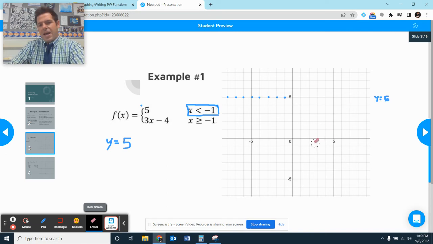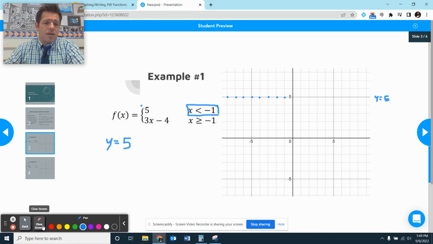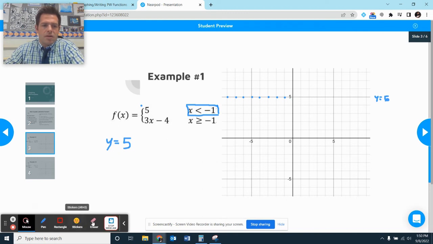Then I come to the actual location. I have that -1. I need a dot there in some shape or form because I need a spot to set up the barrier. That's where this particular function is going to end. And because I don't have a line under that arrow, I'm going to go ahead and give this dot right here an open circle.